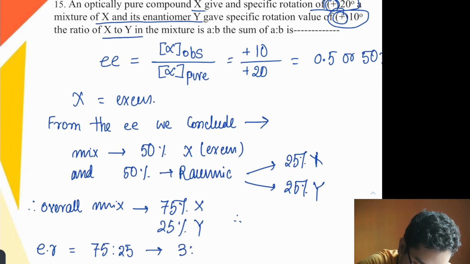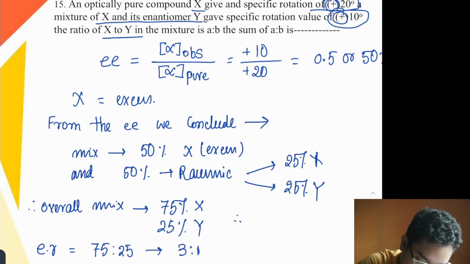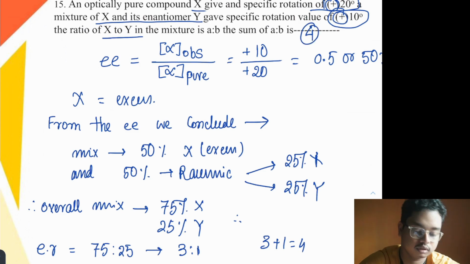That means 3 to 1. So we have to determine A plus B. So A plus B is 3 plus 1 equals 4. So the answer is 4.